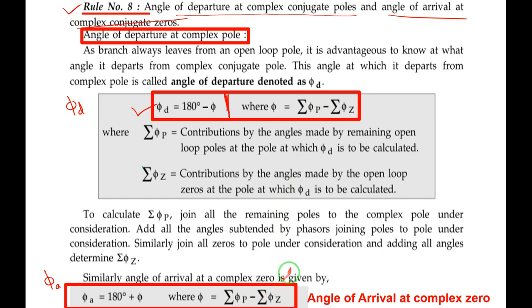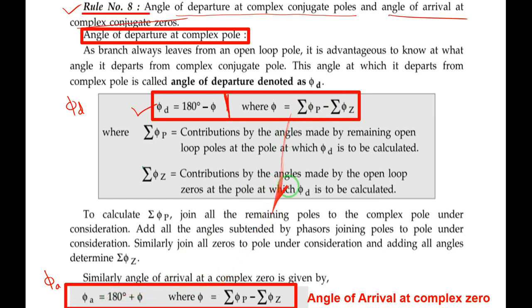You will not understand anything if I say it like this, right? So we'll solve one numerical. Based on this, you will come to know what the angle subtended by other poles is and what the angle subtended by other zeros is. Right now, remember these two formulas. Angle of departure is 180 degrees minus phi, and phi is the summation of phi p minus the summation of phi z. And angle of arrival is 180 degrees plus phi.